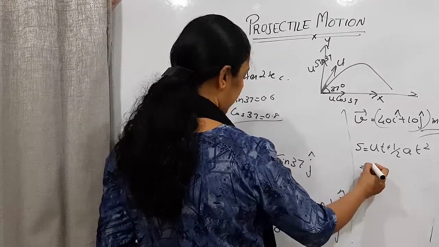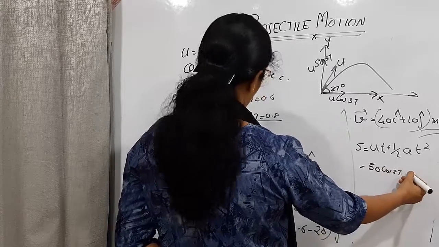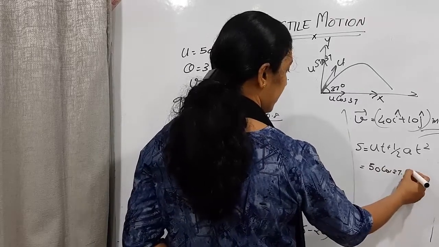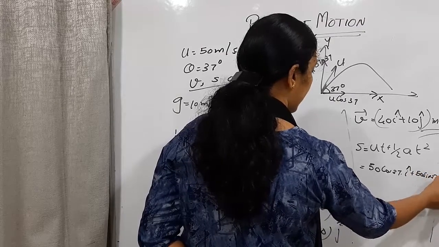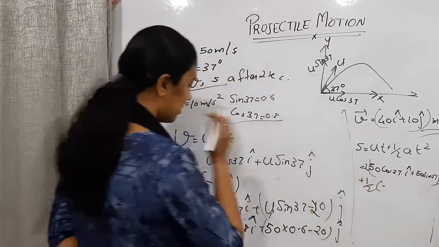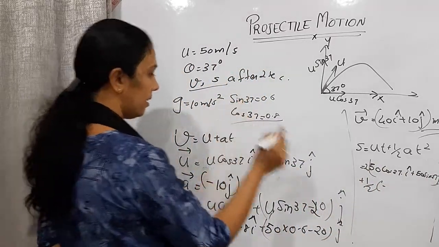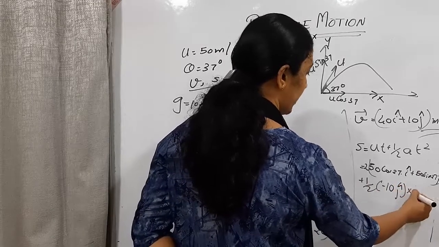That is 50 cos 37 i cap plus 50 sin 37 j cap into 2 plus half into minus a is 10j minus 10j into 2 square.